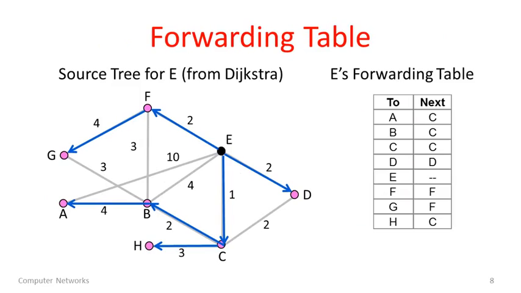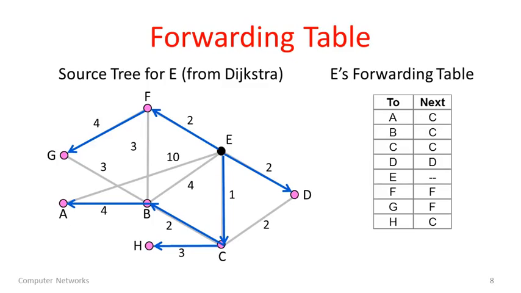Let's look in just a little more detail to get comfortable with that. Here at node E, again, I've shown the source tree that is the result of running Dijkstra's algorithm. So node E will gain this picture and gain this source tree by itself by going through these steps. And it will then know which way to go to reach all of the nodes.